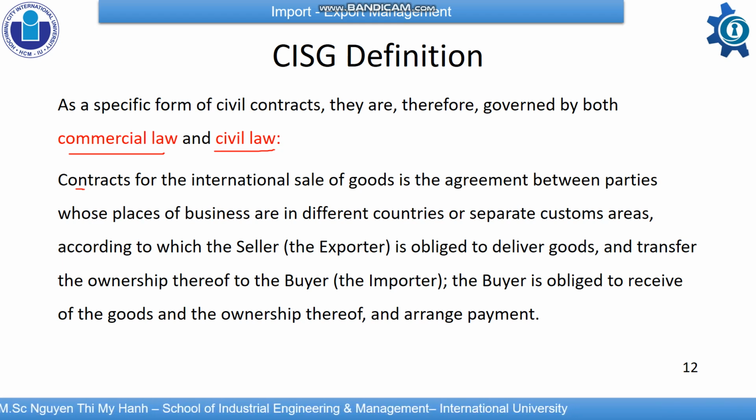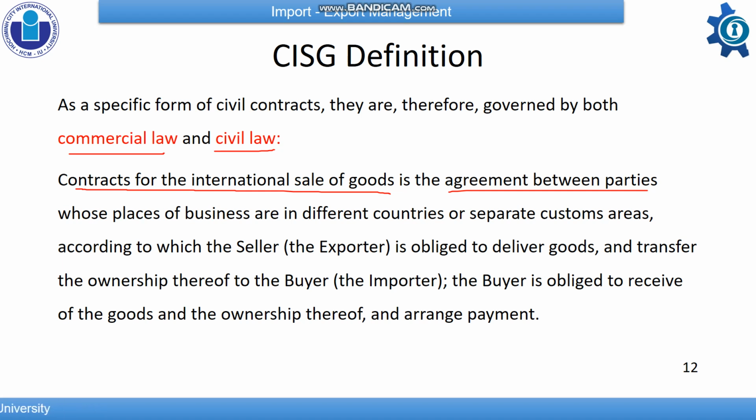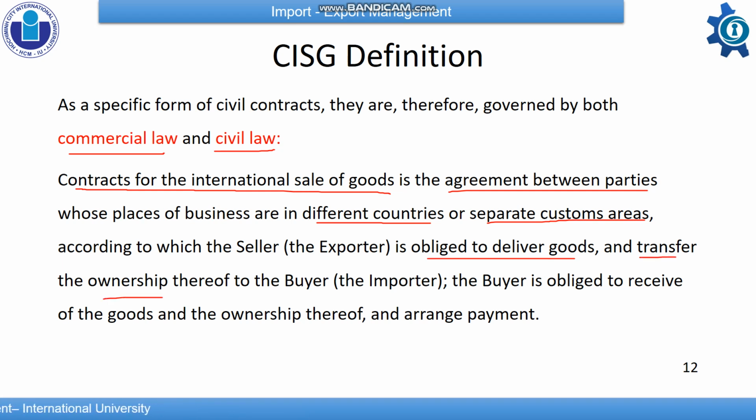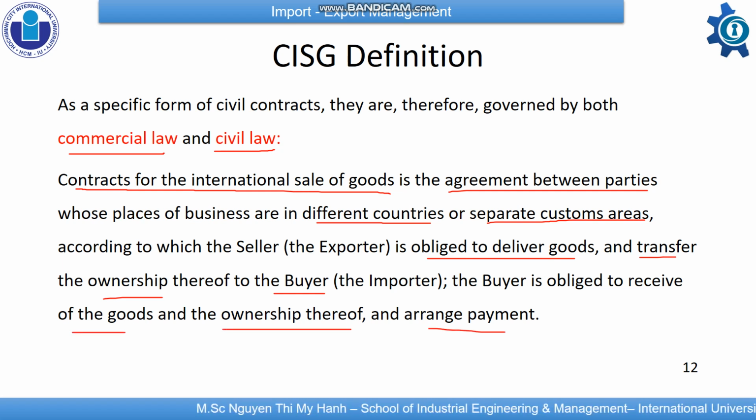So CISG, the contract for the international sale of goods, is the agreement between parties whose places of business are in different countries or separate custom areas, according to which the seller is obliged to deliver goods and transfer the ownership thereof to the buyer, and the buyer is obliged to receive the goods and the ownership thereof and arrange the payment.